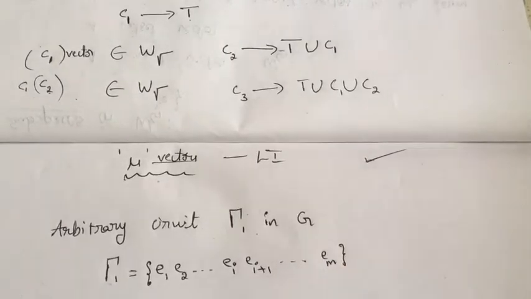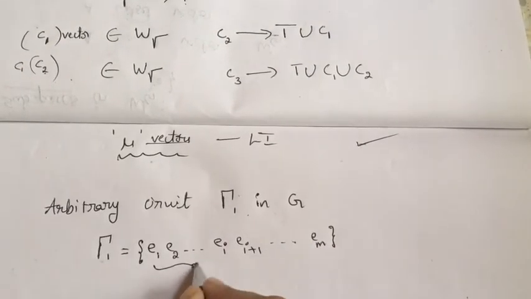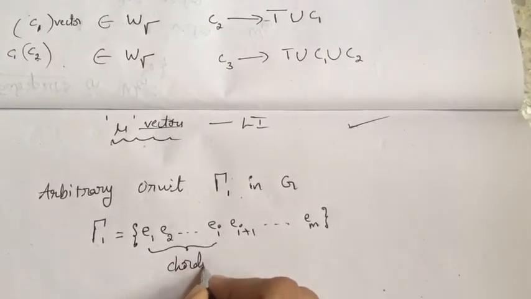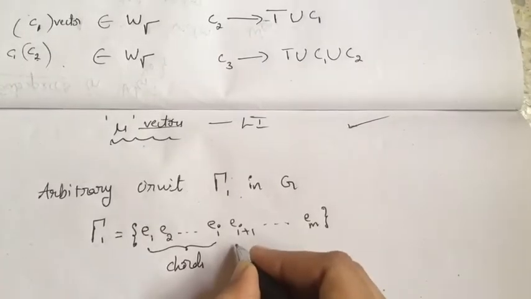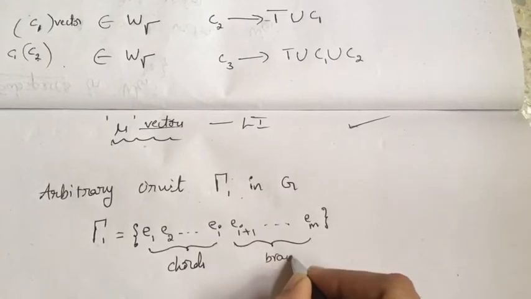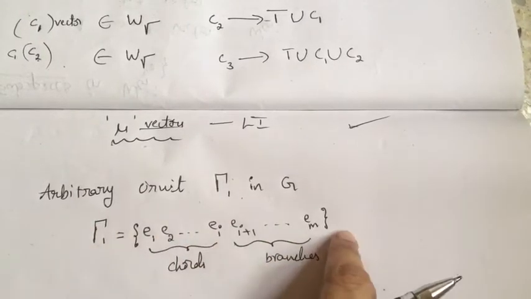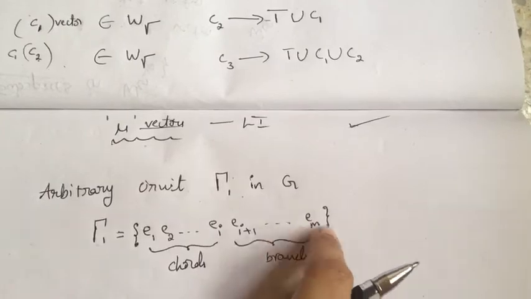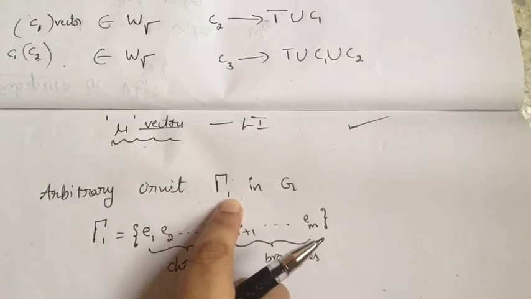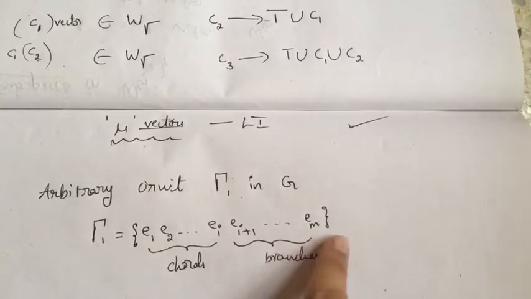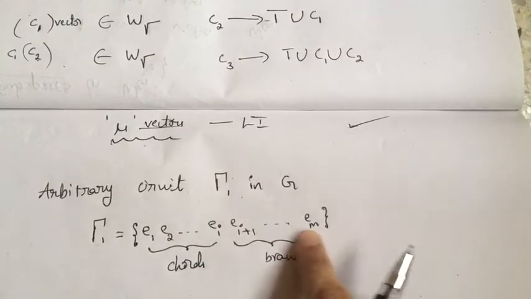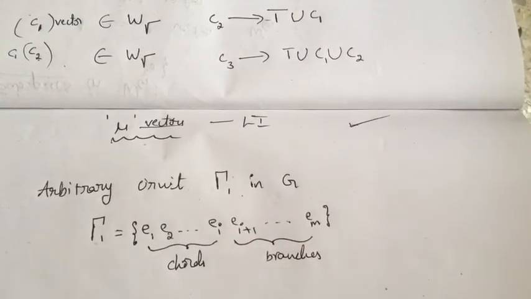This is just notation, where E1, E2, up to EI are the chords with respect to a spanning tree T, and these are the branches. I'm just naming them E1 up to EM. They are the edges of this arbitrary circuit gamma 1, and among those edges E1 to EI are chords, and EI plus 1 to EM are the branches.